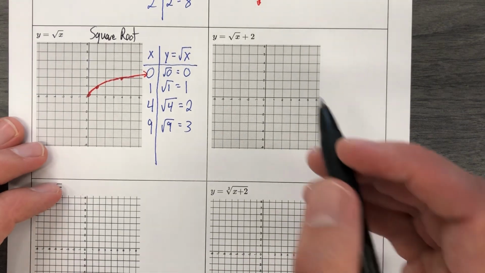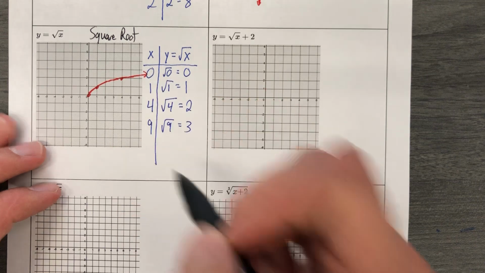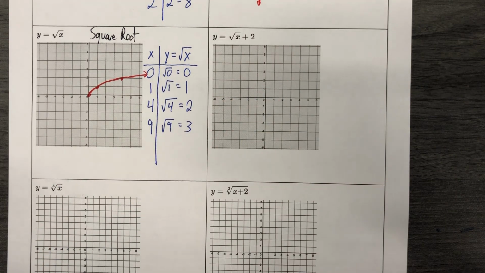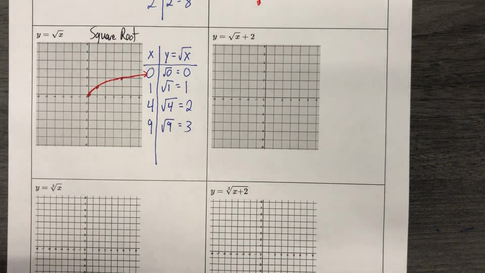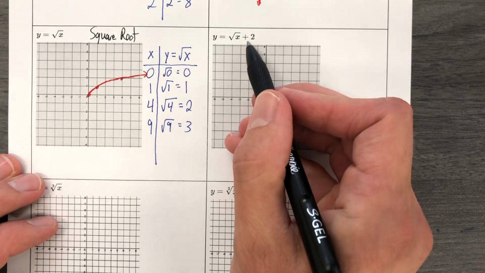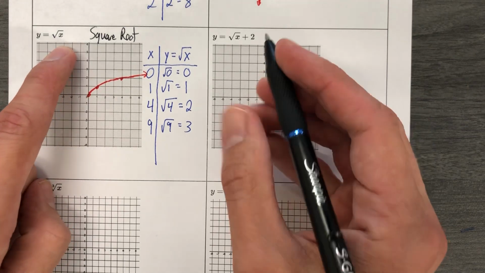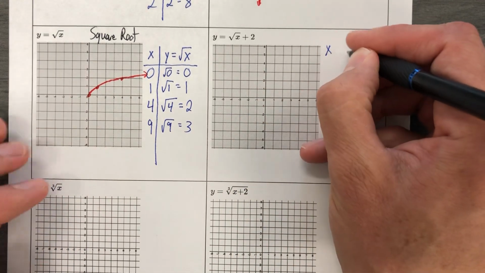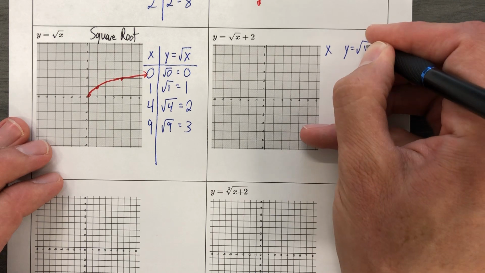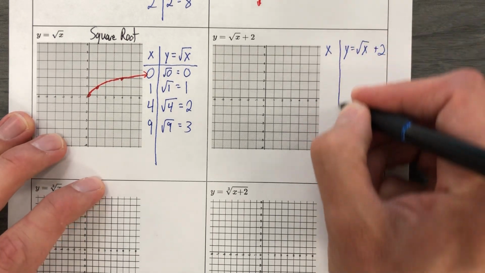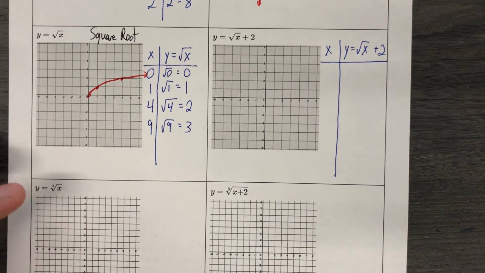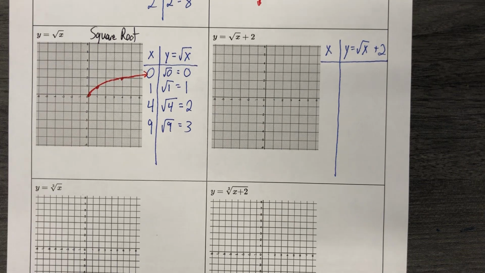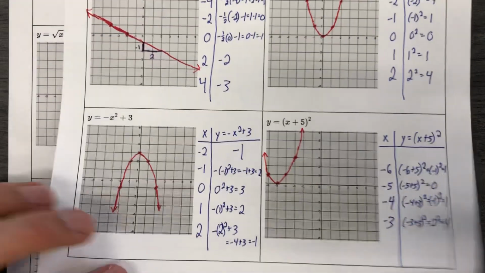On this one, I would love to go through a table, and I plan to, but I also want you to realize that this one is a lot like this one. It's also a square root, clearly. But it's going to involve something you've already learned, and that's to translate a graph. And we did this with the quadratic.